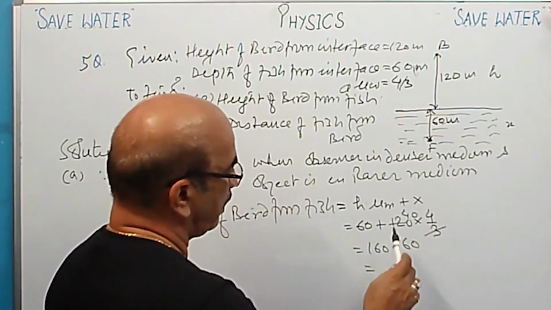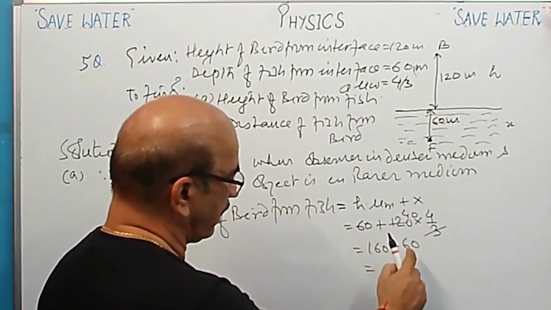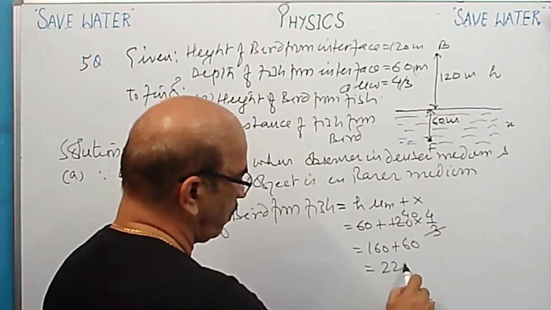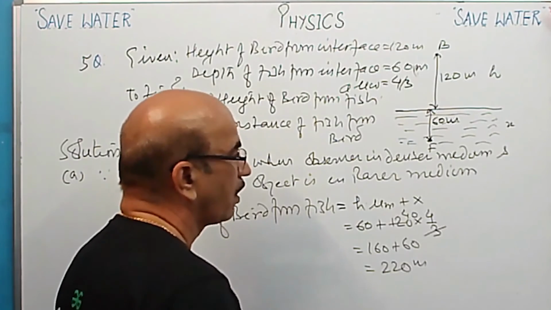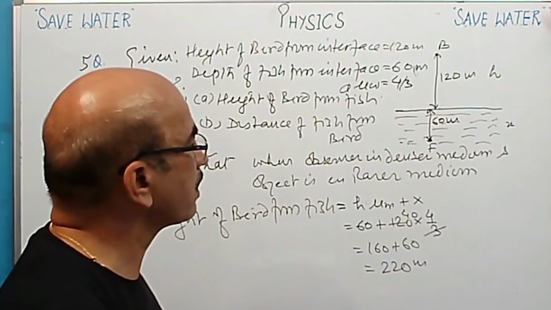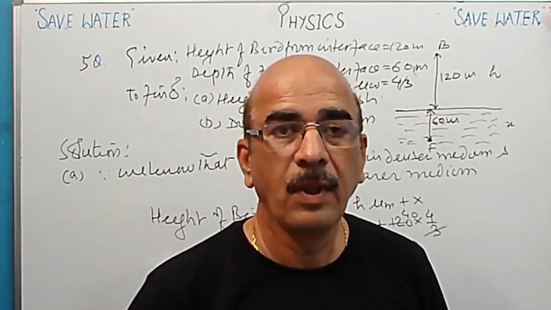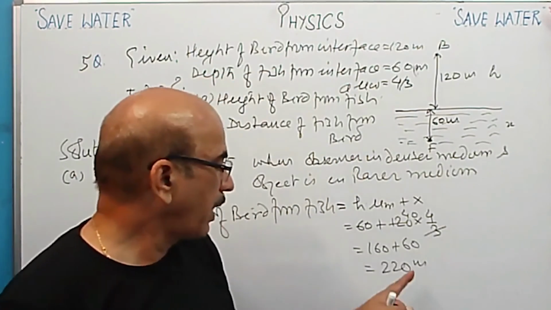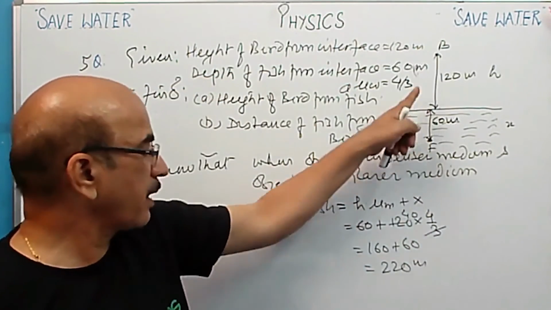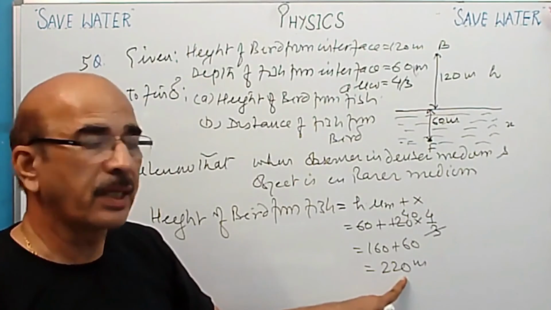So it will be 220 meter. So bird will appear to fish at the height of 220 meter. Yes, any doubt? So the bird will appear to fish at the height of 220 meter.